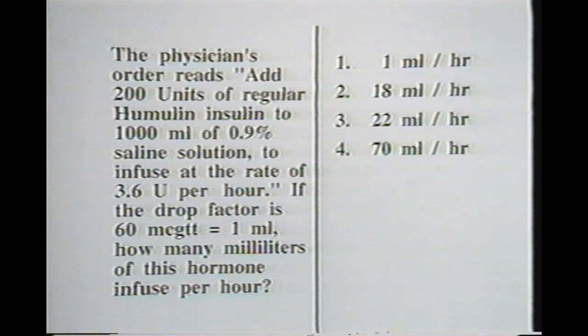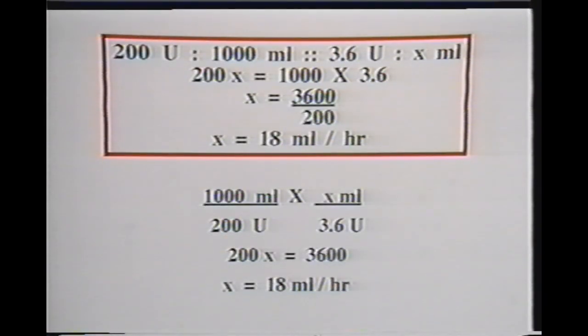Essentially, what we have is 200 units in 1,000 milliliters, as 3.6 units is to X. So once again, we'll use my favorite method first. 200 units is to 1,000, as 3.6 units is to X milliliters. Solving that out, we get 200X equals 1,000 times 3.6. X equals 18 milliliters. We could solve it in the other method as well, which is on your screen.